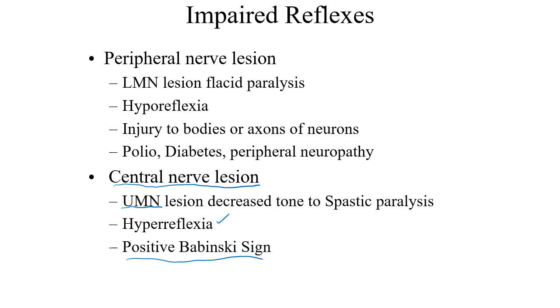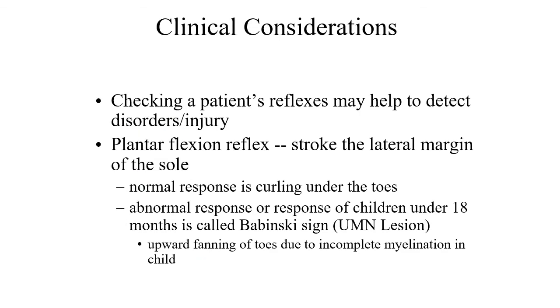A lower motor neuron type of lesion is going to give us hyporeflexia, so we're going to have decreased reflexes on that side. This involves things that we already talked about, things like polio, ALS, peripheral neuropathies, potentially from diabetes, can all lead to a lower motor neuron lesion occurring.